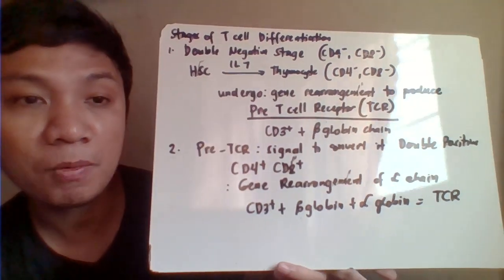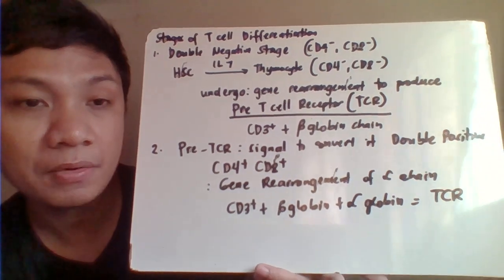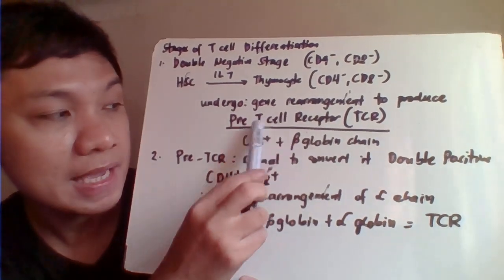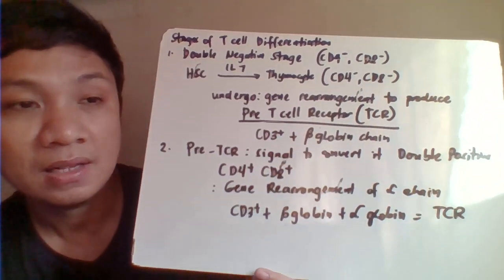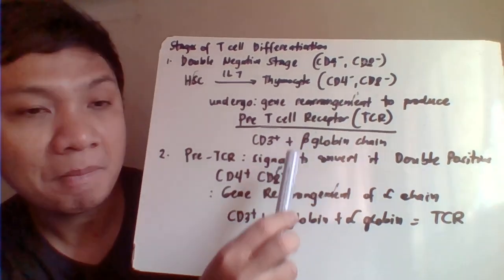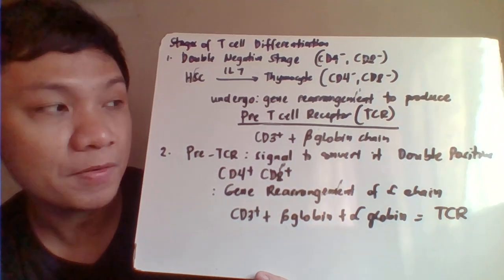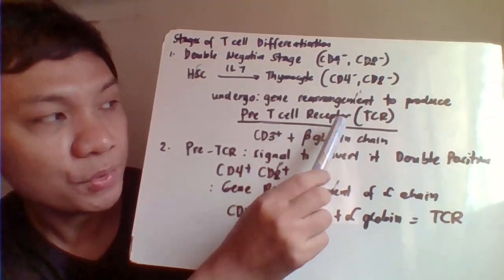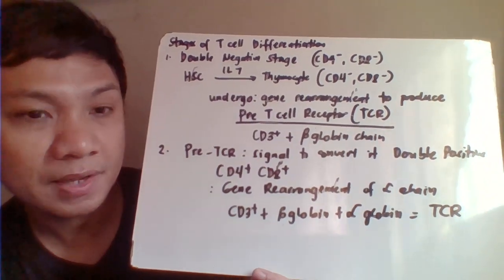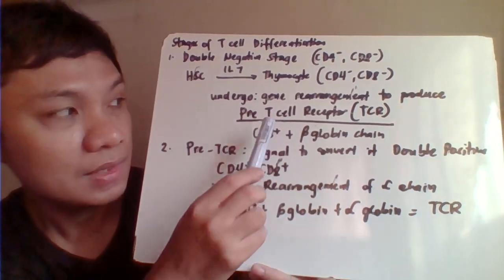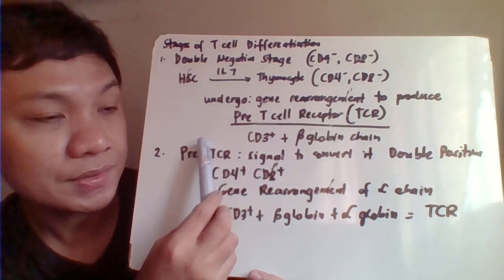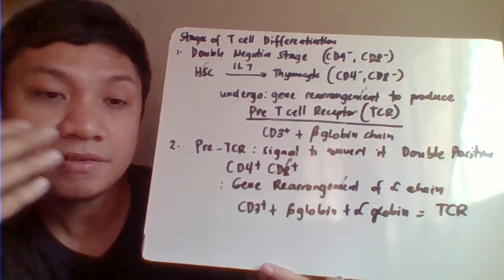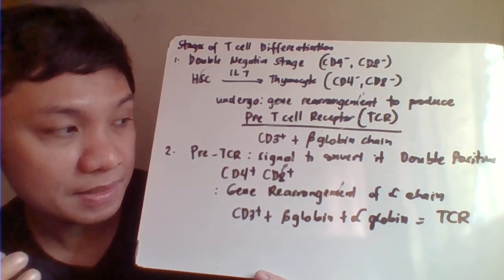Once you have your double negative, it undergoes gene rearrangement by combining your CD3 plus the beta chain. Once your beta chain combines with your CD3 positive, it becomes your pre-T cell receptor. Once you have produced your pre-TCR, this pre-T cell receptor signals your double negative thymocyte to undergo transformation to become your double positive.